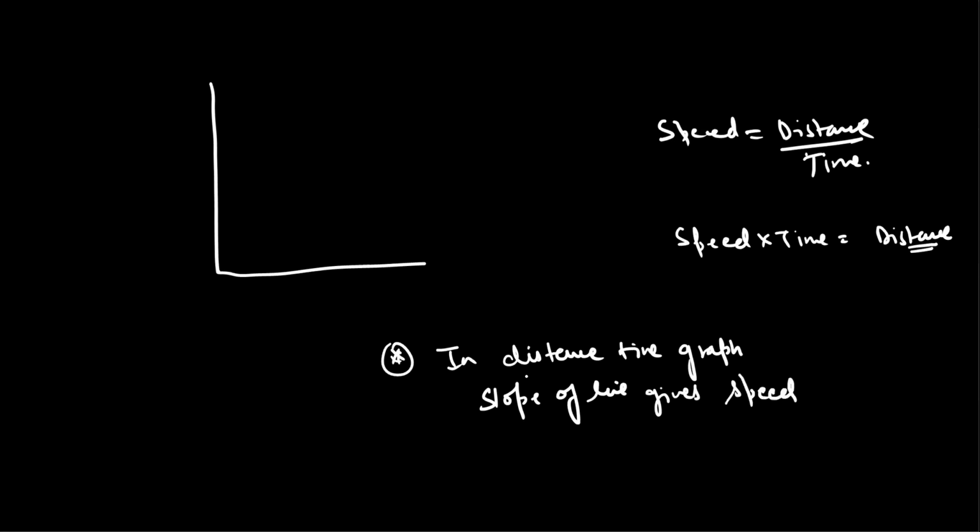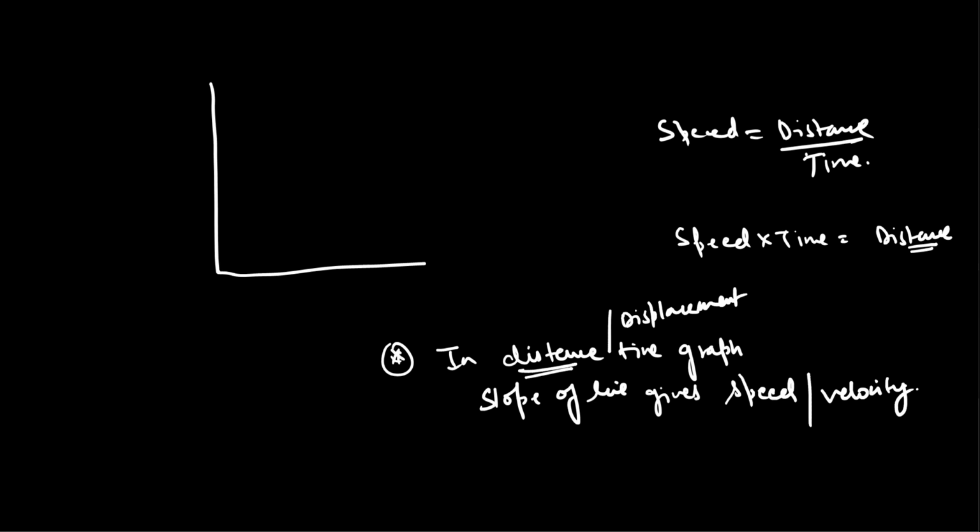And if it is displacement instead of distance, then it will give velocity. It will be asked in the examination: what does the slope of the line in a distance time graph give? The slope of the line in a distance time graph gives velocity or speed.